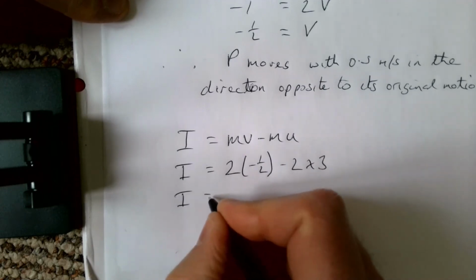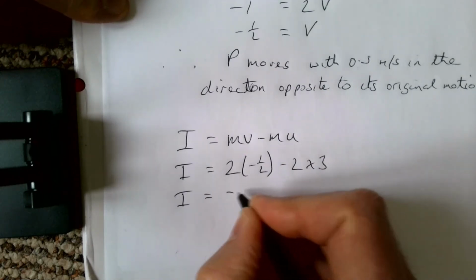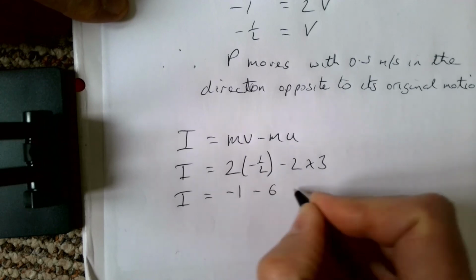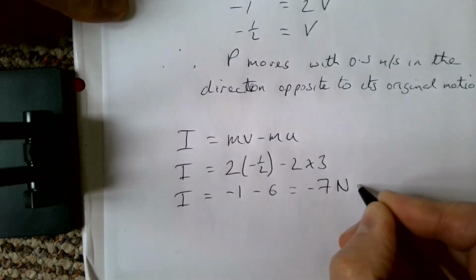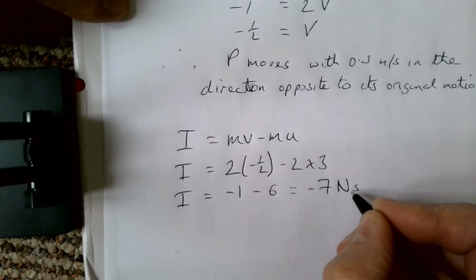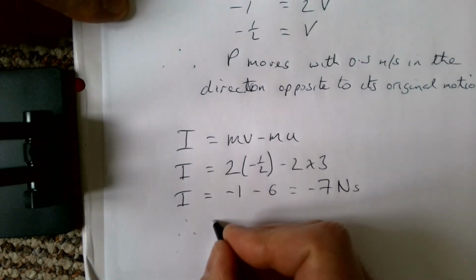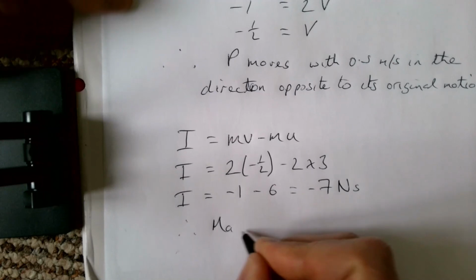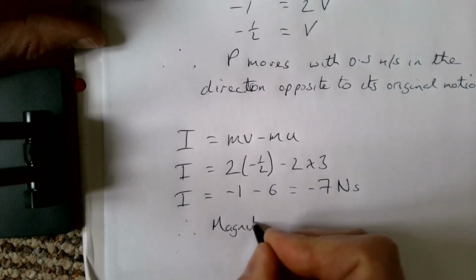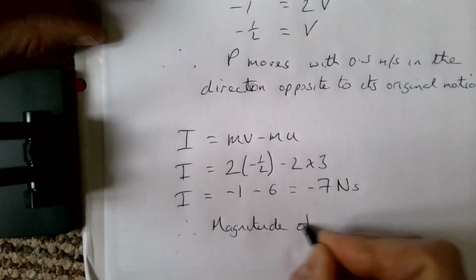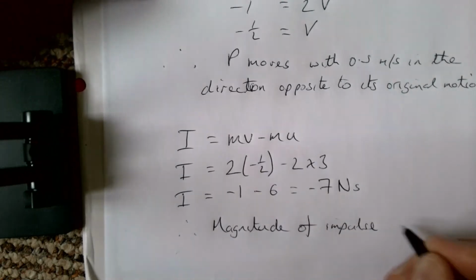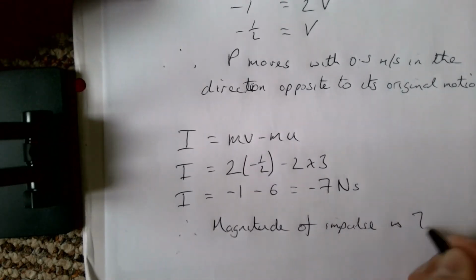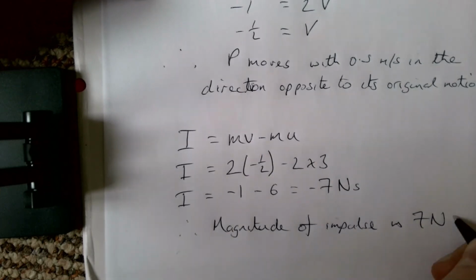I equals minus 1 minus 6 equals minus 7 Newton seconds. Therefore, it asks us for magnitude, of impulse is 7 Newton seconds.